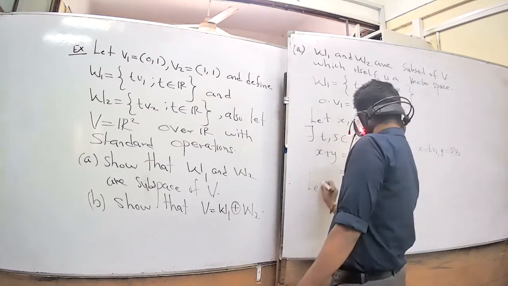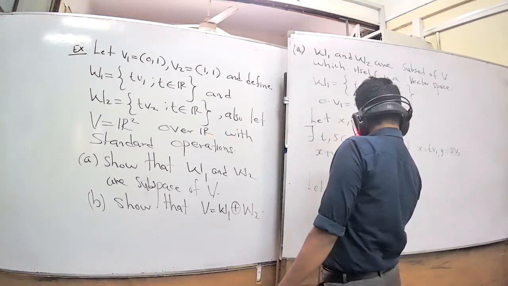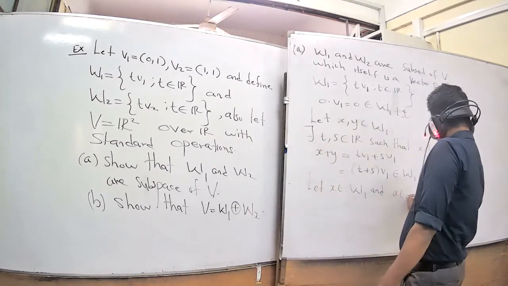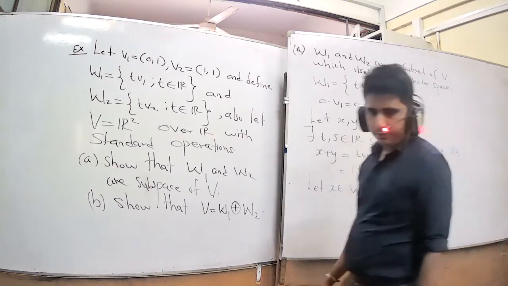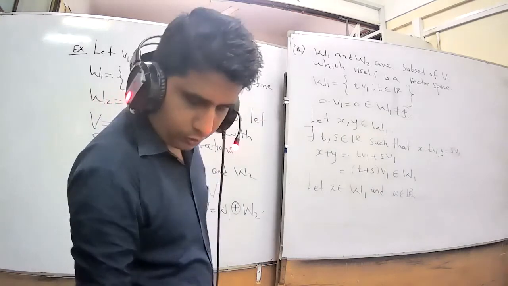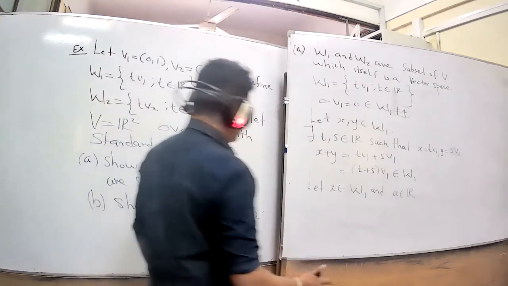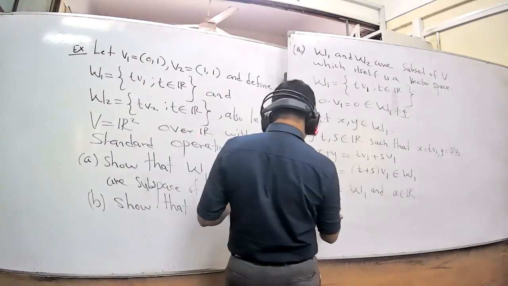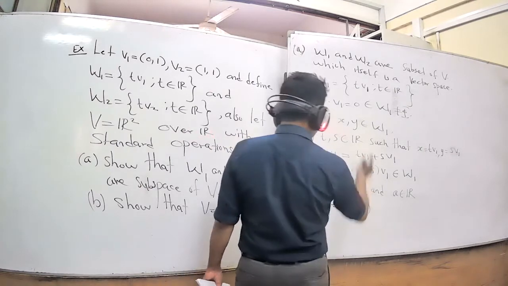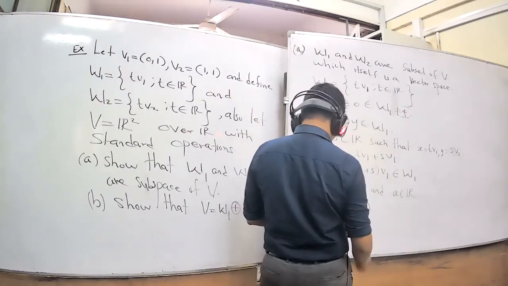For the next condition, let x belong to W1, and you take a scalar a belonging to the real numbers. So from this, what about ax? ax equals a times x, and x is t1 v1 like previously.